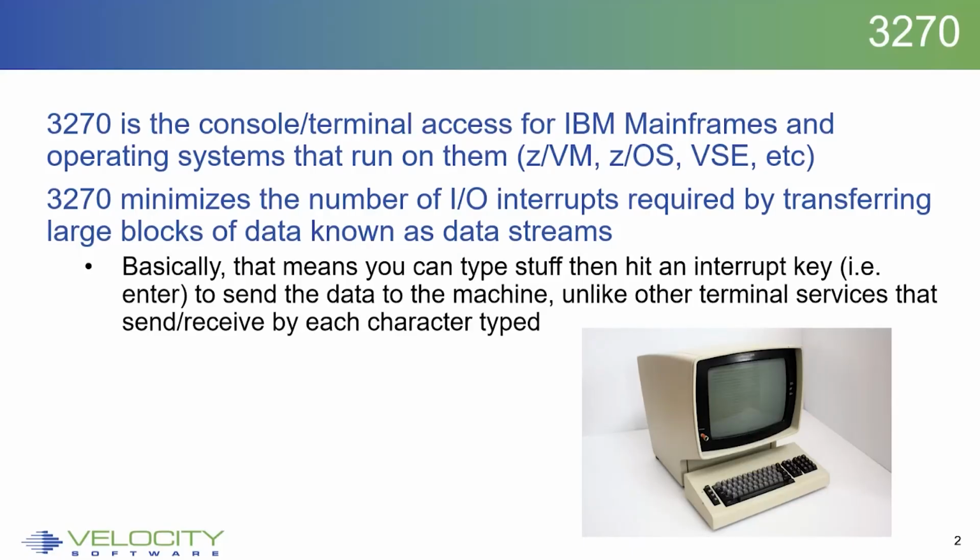Things like SSH and terminal emulators like that will do it character by character. So each time you type a character, something is transmitted. Whereas 3270 is going to wait for an interrupt key, like the enter key or a PF key. So data is sent in blocks.